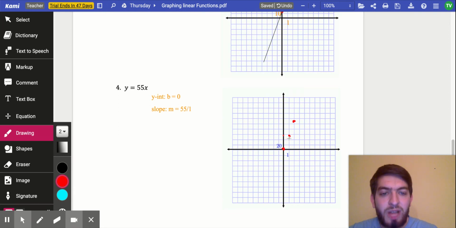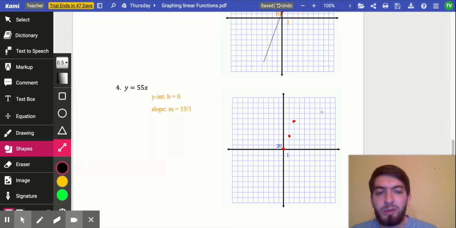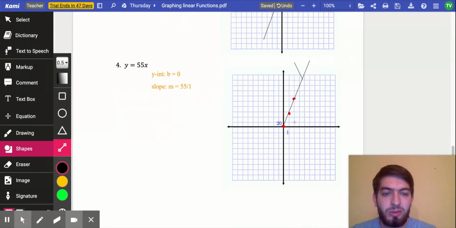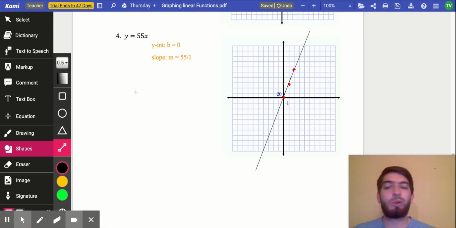So we're at (1, 55) and (2, 110). 20, 40, 60, 80, 110. So make sure you're comfortable scaling axes in that way, so that we can fit some relevant points on the graph for each line. And that's just going to be based off of how large or how small the y-intercept and the slope are. So that's our review of slope-intercept form.